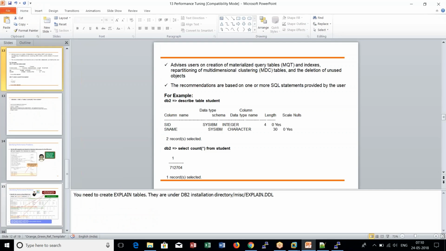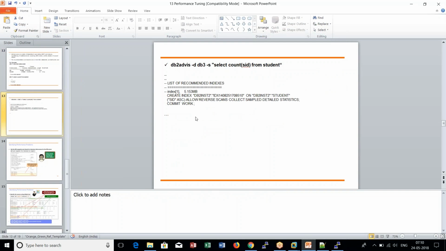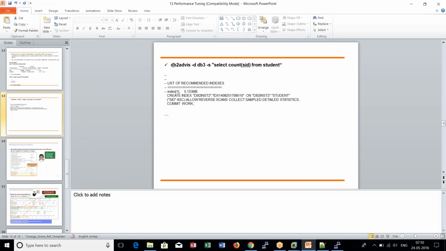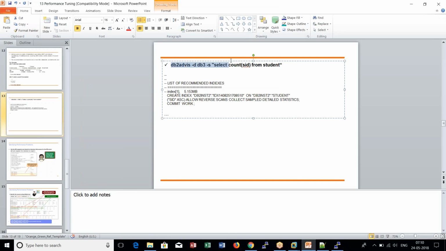So what I'm saying here is, suddenly a user came and told you that when I'm running this count star, it's taking maybe a number of seconds or minutes. Is there any way to optimize it? That's where you can take help from this Db2 Advisor.